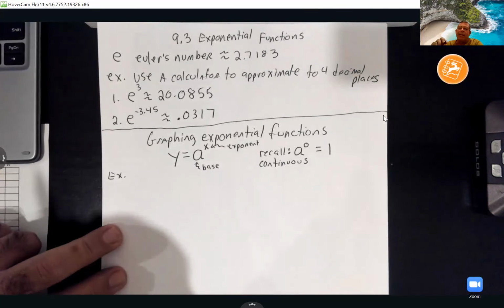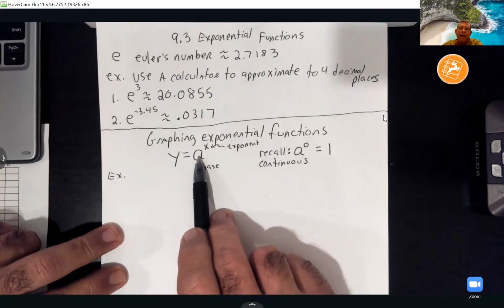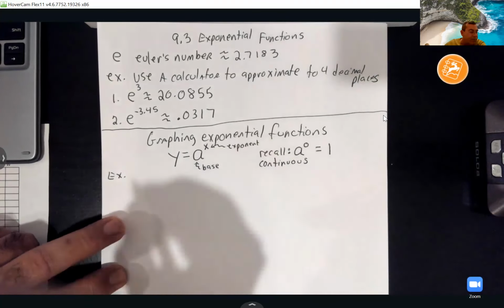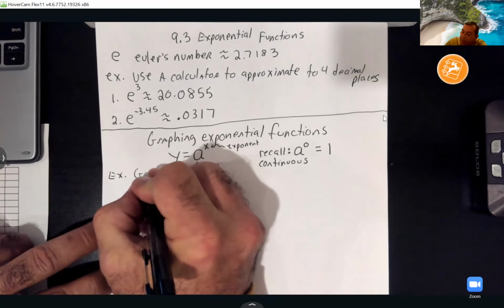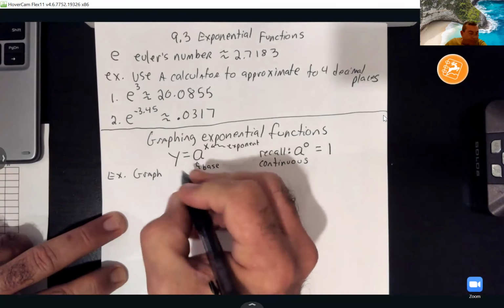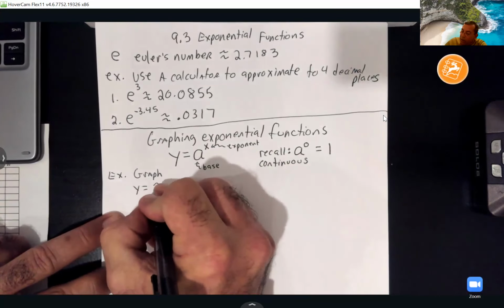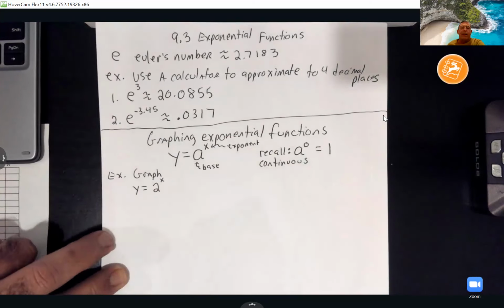So I'm going to give you an example of a number here for the A, and then I'll give you an example using a fraction for the A. So this first example we're going to graph y equals 2 to the x.